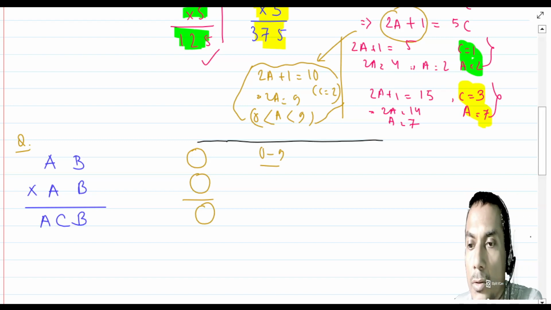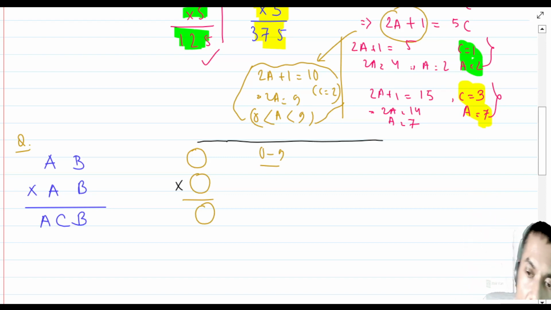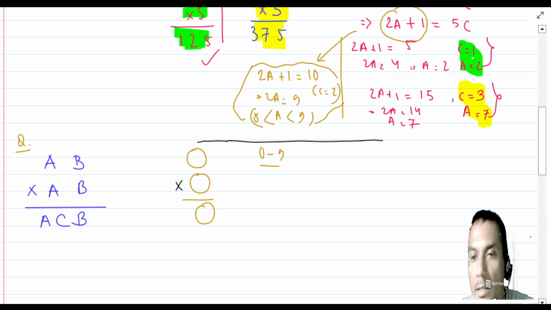Okay, so 0 to 9, I have to consider any number. If we multiply into 2, fill the two boxes, the unit place must be the same value. So how many possibilities are there?